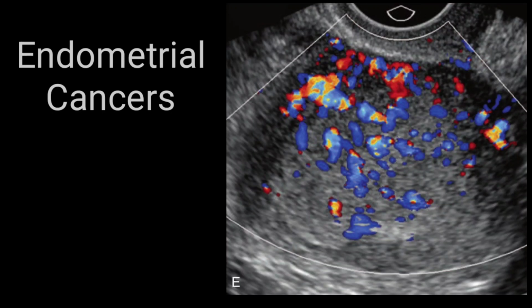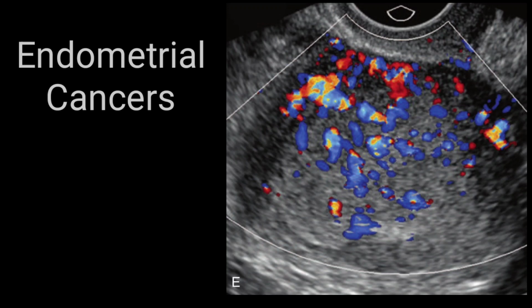Therefore, always measure the endometrium and look at the patient's menstrual cycle, because due to the cyclic activity, endometrial thickness changes, and especially after menopause. After menopause, endometrial cancer is very common. Those patients who are on HRT, hormone replacement treatment, are also prone to endometrial cancers.